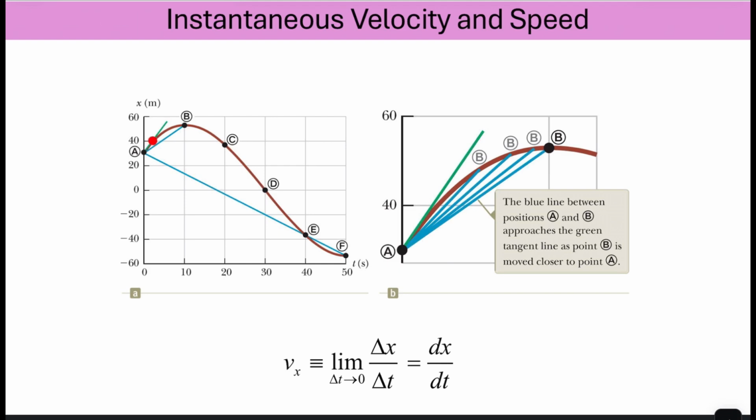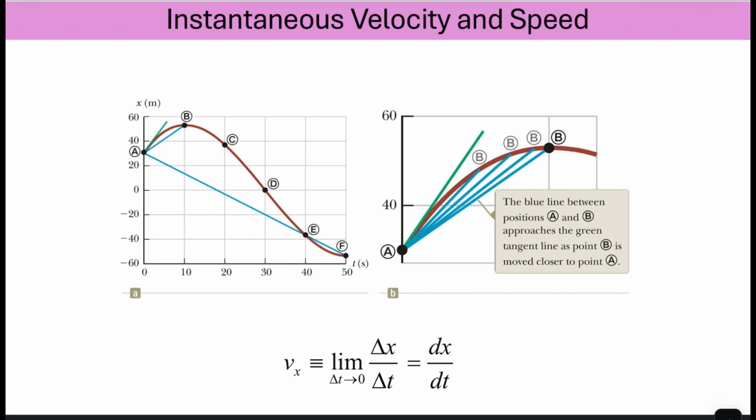So calculating the slope at the time that we refer to, let's say 2 seconds, will give us the instantaneous velocity. The blue color represents the average velocity that we calculated just now.